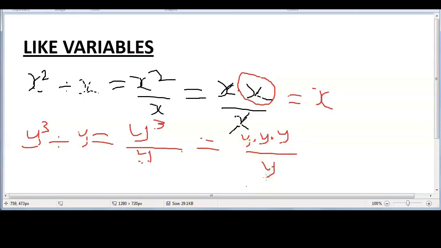So we're going to cancel out one y from the numerator against one y on the denominator side. We're left with y dot y as the untouched variables. y dot y is the same thing as y times y, which is y squared.